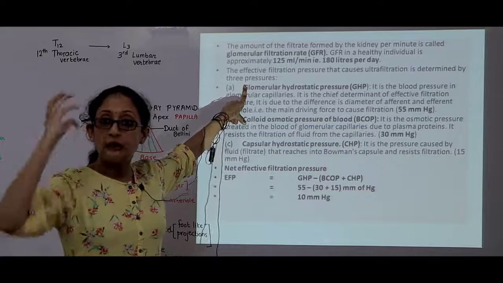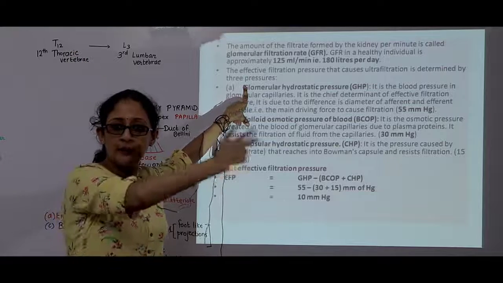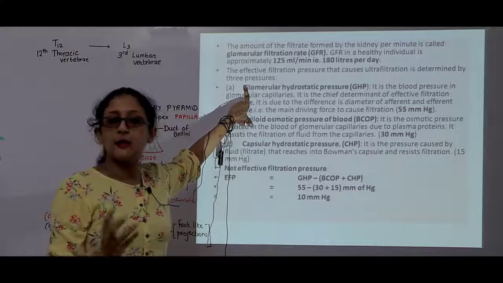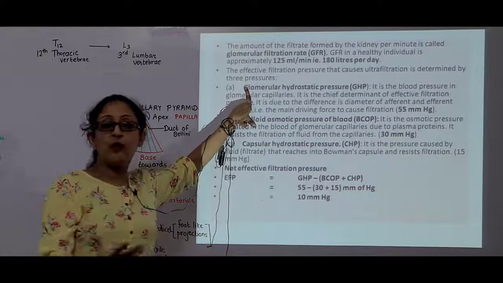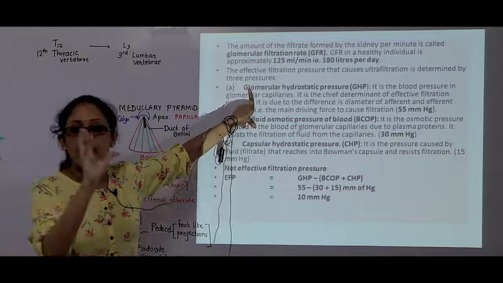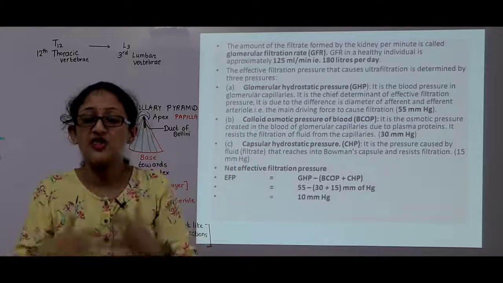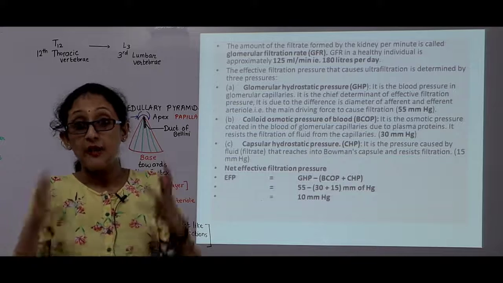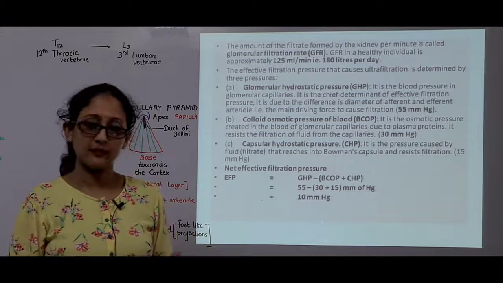So once again, larger diameter afferent, smaller diameter efferent. The difference between the two diameters causes an accumulation of fluid inside that glomerulus. So inside the glomerulus, the pressure keeps on increasing. This high pressure causes filtration to occur.